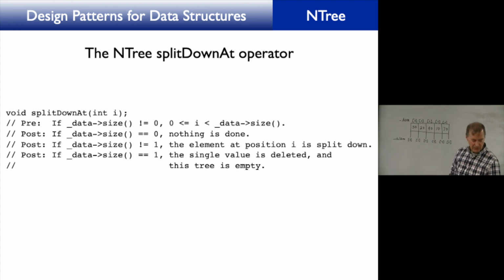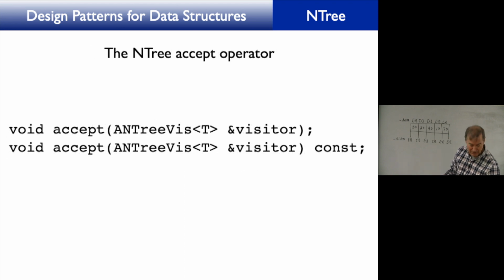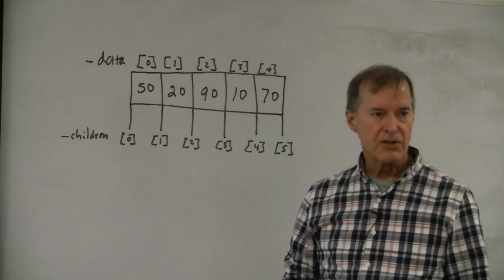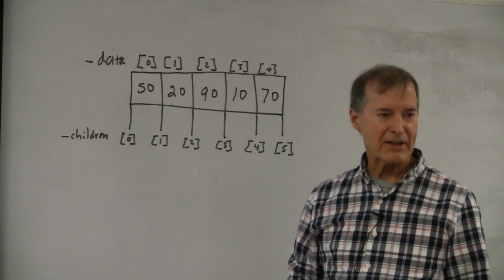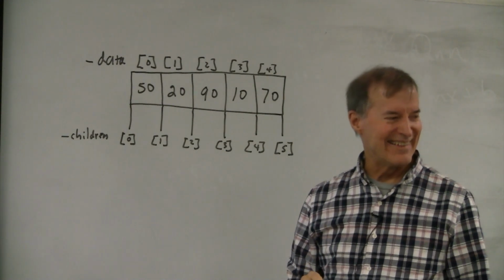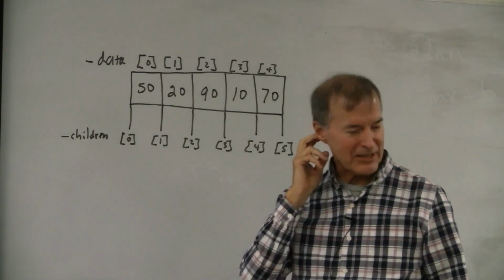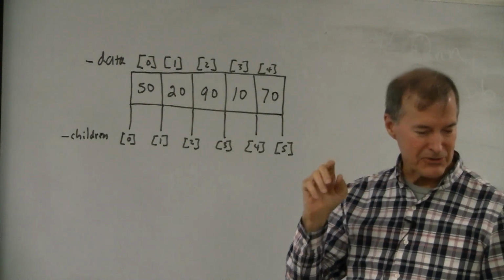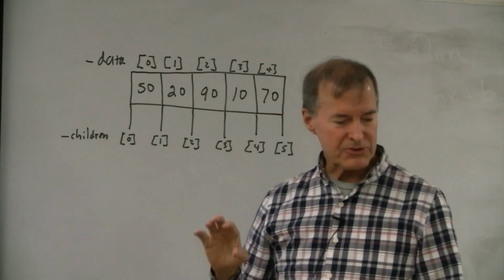This is going to be the visitor pattern. Then we demoed those three operations. If you don't remember that, it's all on the video. I finally got that posted, on NTree, the demo. So we need to remember that.